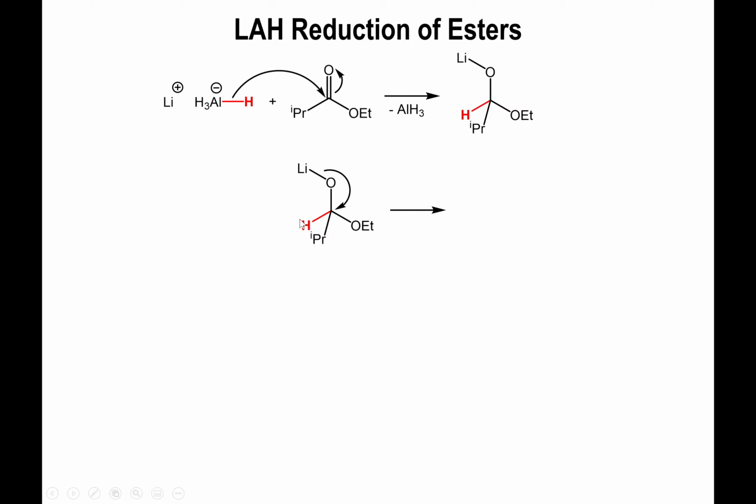Out of hydrogen, carbon, and oxygen, oxygen is the only thing that's remotely okay in terms of a leaving group. By the way, it's not okay, but compared to the hydrogen and carbon, that's the best alternative. So the ethoxide actually serves as a leaving group in the formation of the carbonyl. Notice that you still have the hydrogen and carbon. So the moment that carbonyl gets reformed, you have now produced the aldehyde, which is midway between the ester and the primary alcohol. And we have kicked away lithium ethoxide.